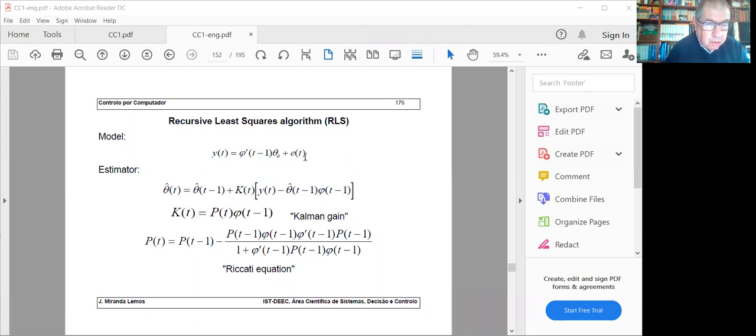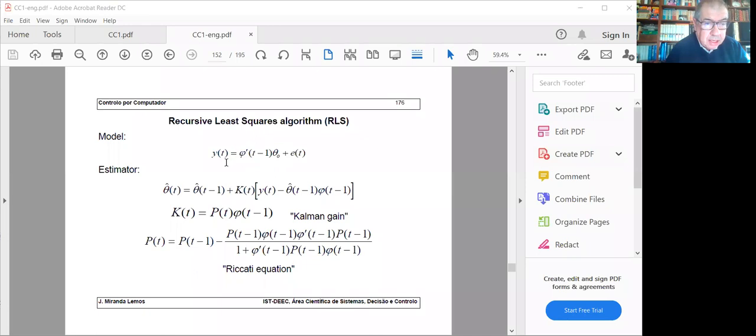and later we will see that we have to impose some conditions on the data for our estimate to converge to the vector of parameters that I call theta 0. And then what are the estimators? You receive data y of t and phi.